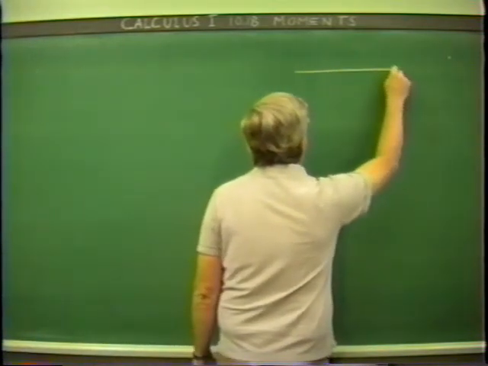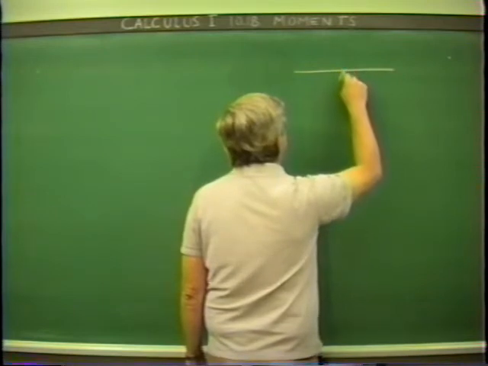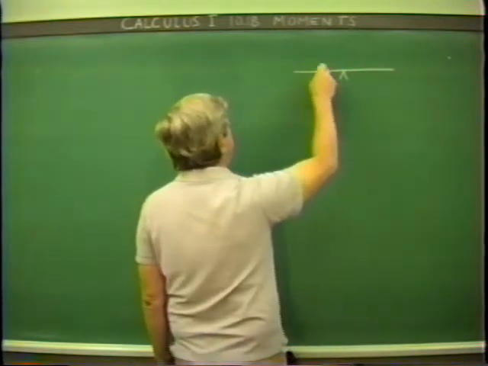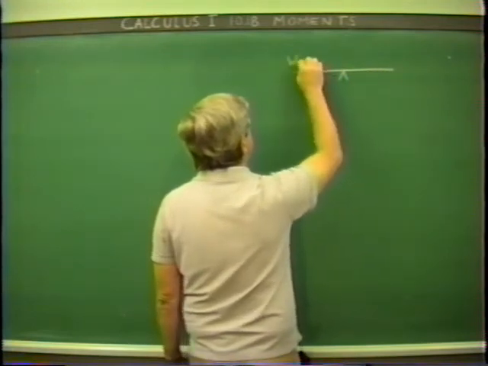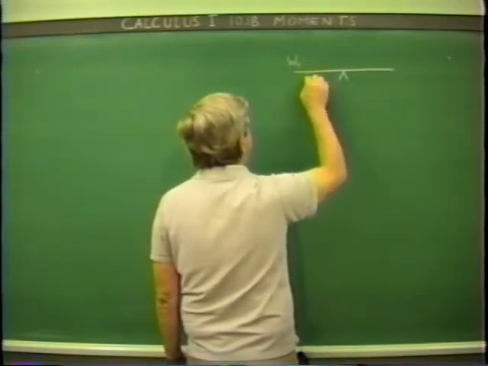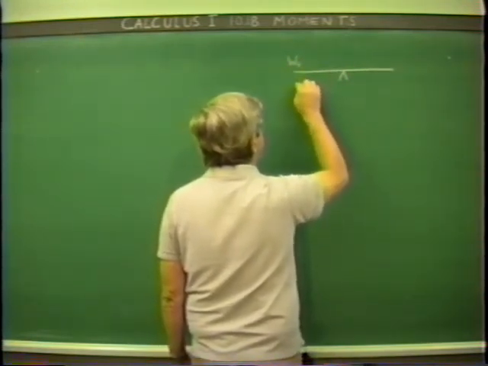All right, we now want to take a look at the subject matter of moments. Let's look at a simple situation first of all. Now, since this is not a physics lab, we're not going to be able to prove this, but this is sort of common experience here.